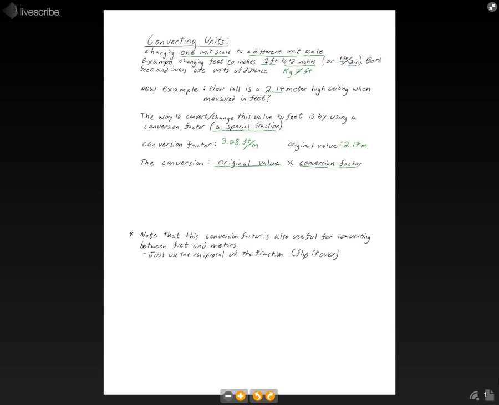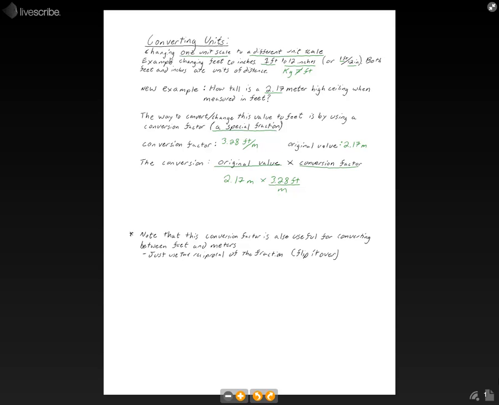So the original value is 2.17 meters multiplied by 3.28 feet per meter.